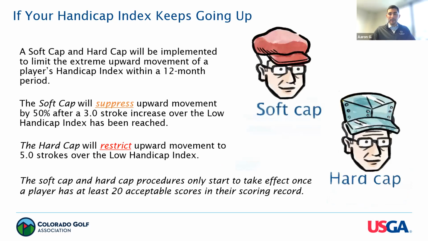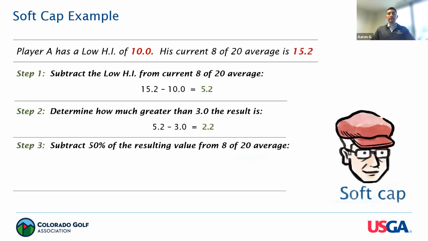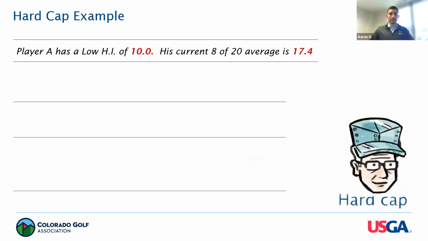Now, once a handicap index gets to 5 strokes higher over the low handicap index, that would then be considered hard capped, meaning the current handicap index can no longer increase until that low handicap index increases. So let's take a look at that example. Player A has a low handicap index of 10, and their current 8 out of 20 is 17.4 this time.